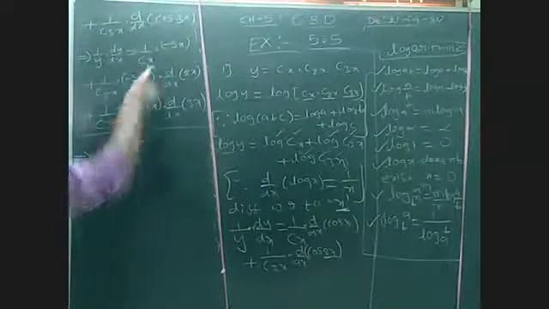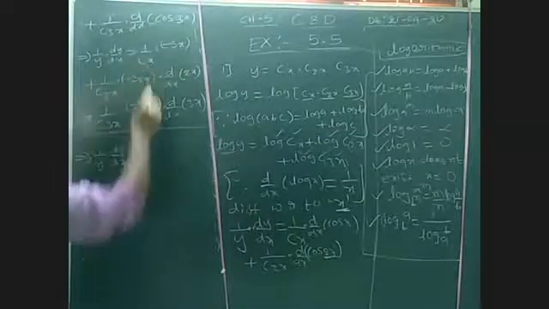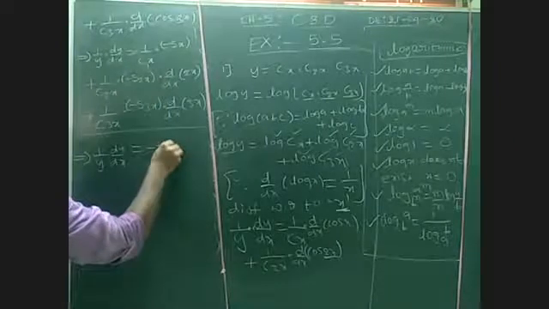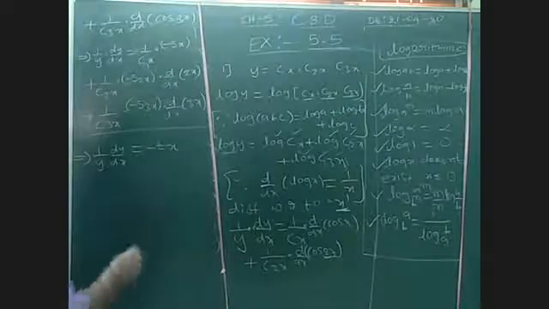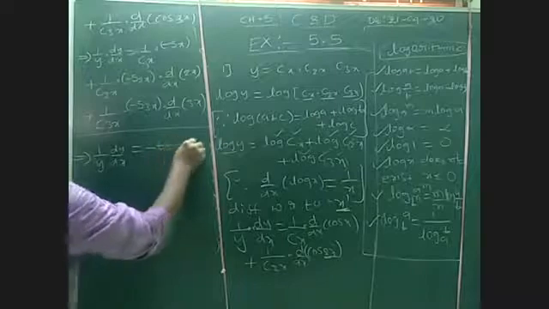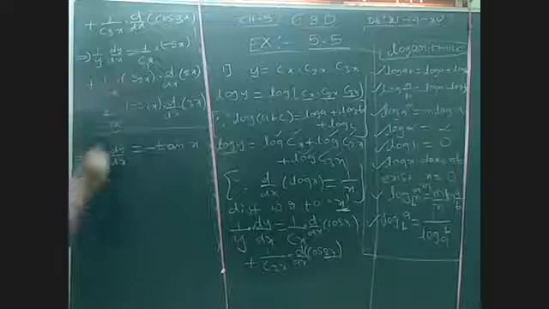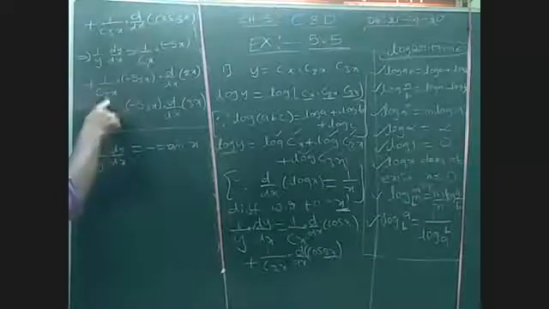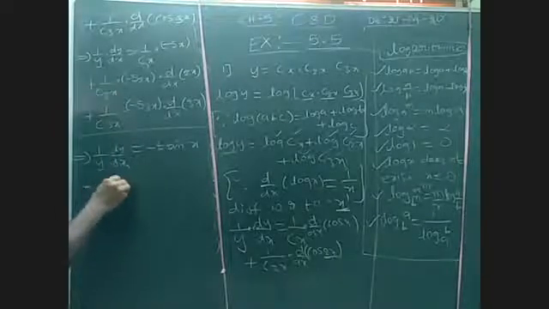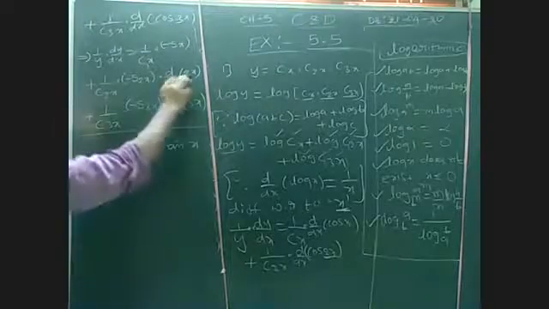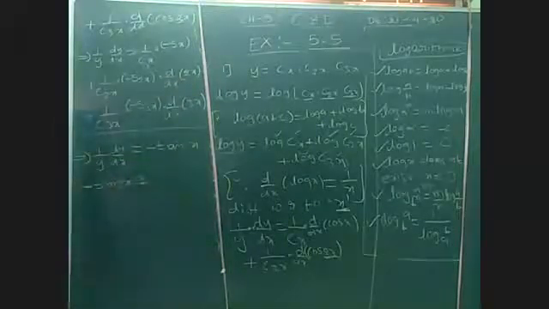The right side is sin by cos, which is tan, so minus tan x. Plus into minus sin 2x by cos 2x is tan 2x into the derivative of 2x, which is 2.